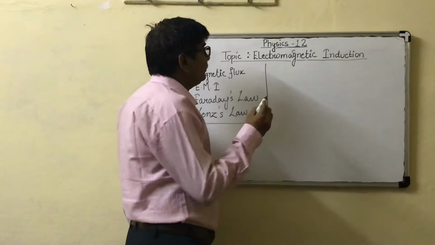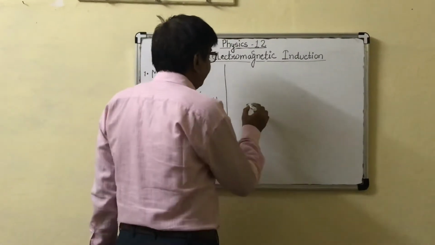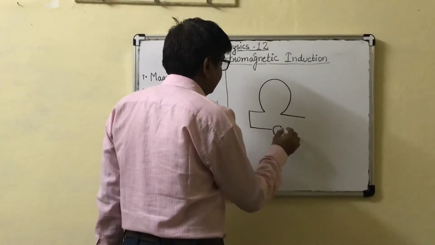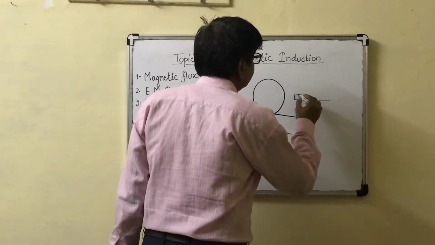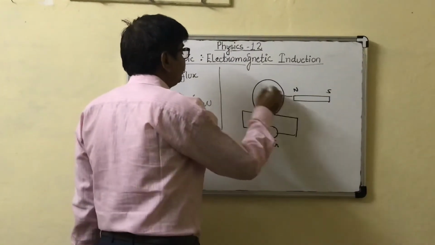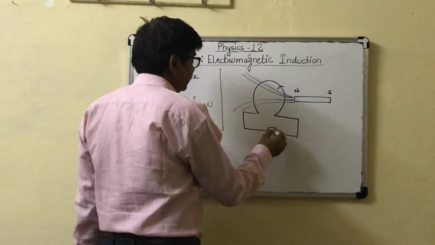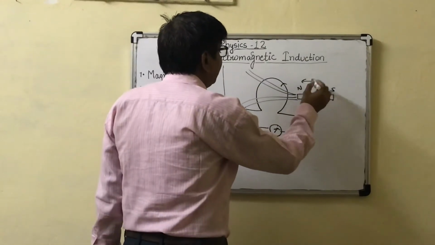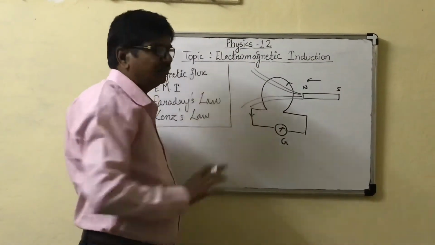Now we will demonstrate one activity. This is a coil, and this coil is connected to a galvanometer.